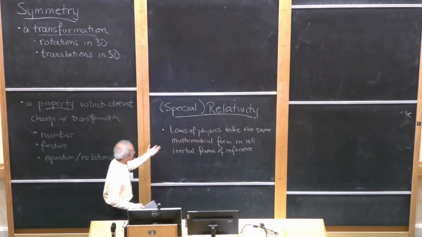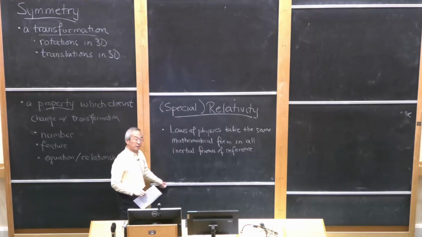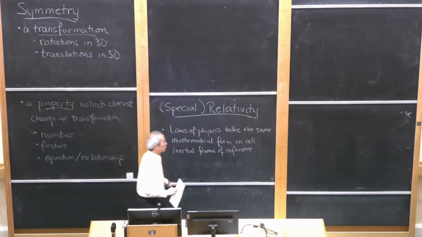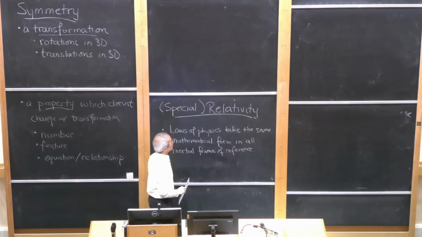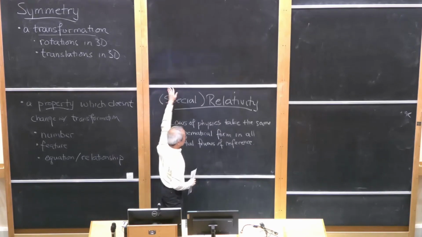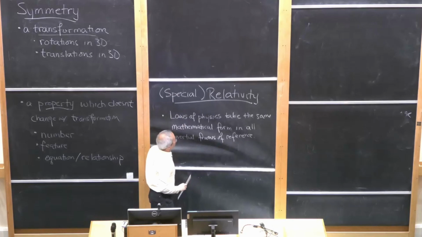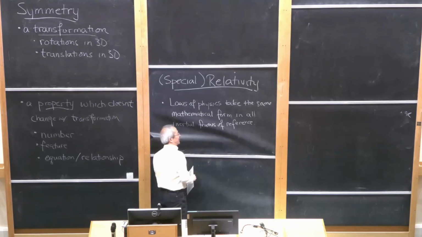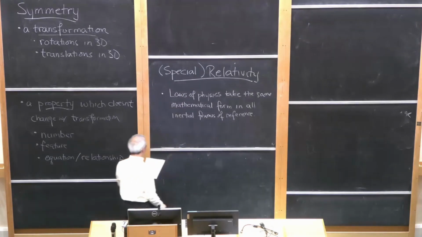Now, you sort of know what an inertial frame of reference is. We'll get a little bit more specific some other time, but we'll just depend upon the fact that you've actually had special relativity before, and we'll go with that for now. Okay, so that's the usual first postulate.